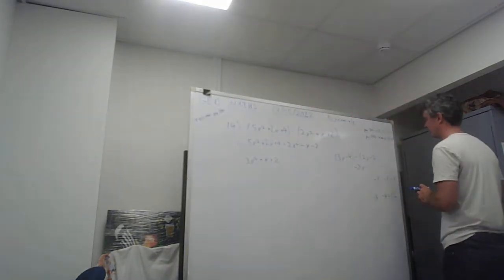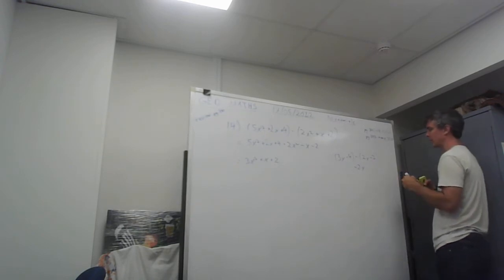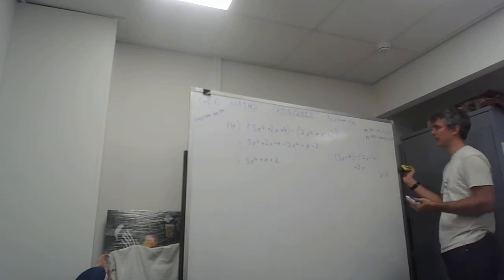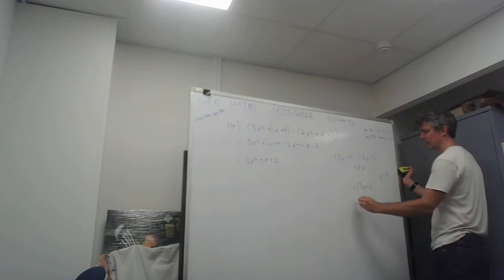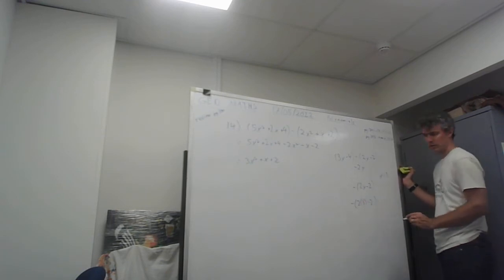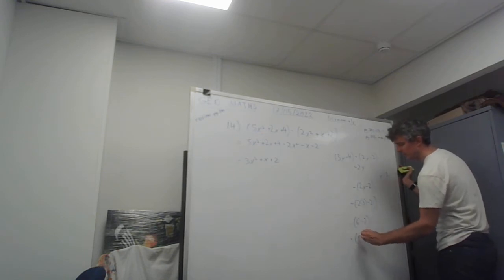Then if it may help, we can substitute some numbers. Say y equals 3. So minus 2y minus 2: if we put that in, it's going to be minus 2 times 3 minus 2, which is minus 6 minus 2, which is minus 4.